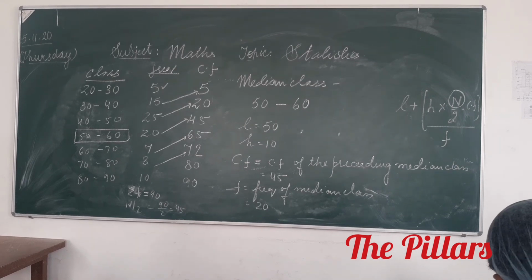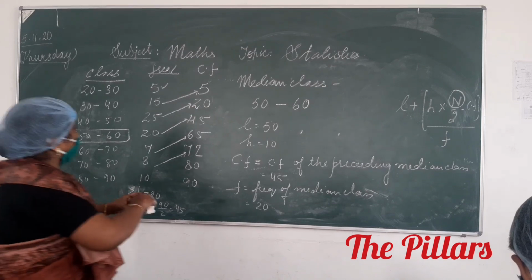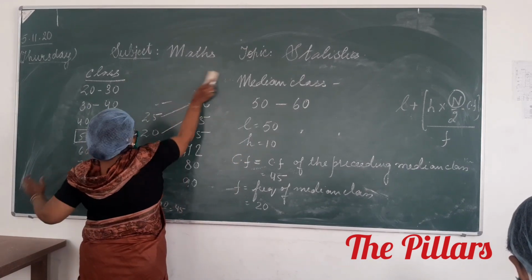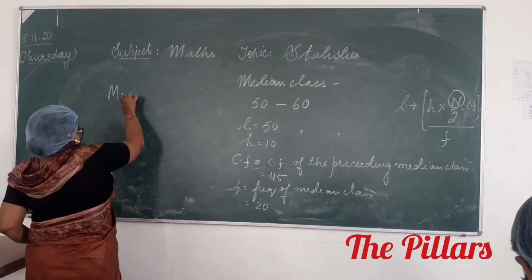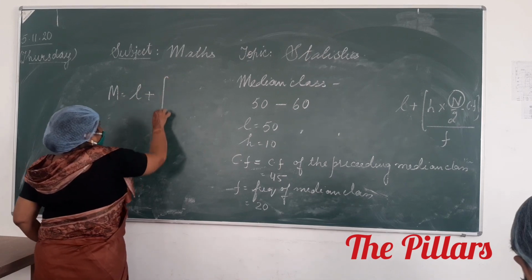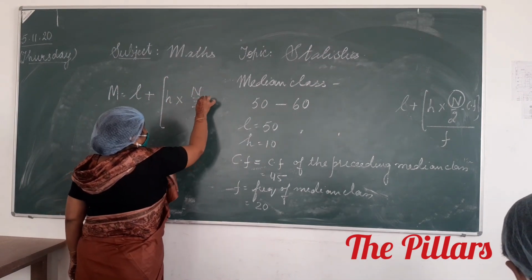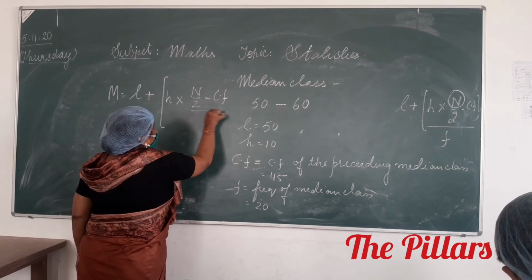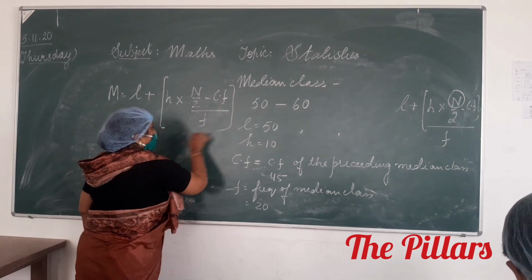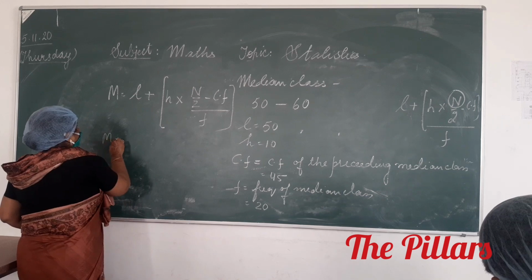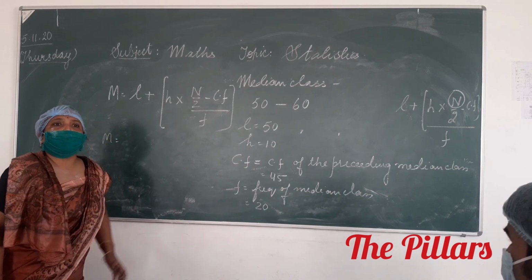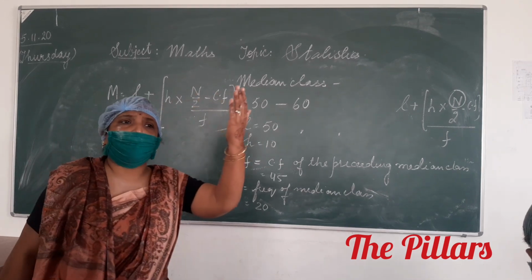Okay? Now write the formula first. What is the formula? Median is equal to L plus h into n by 2 minus CF upon f. What does this L stand for?